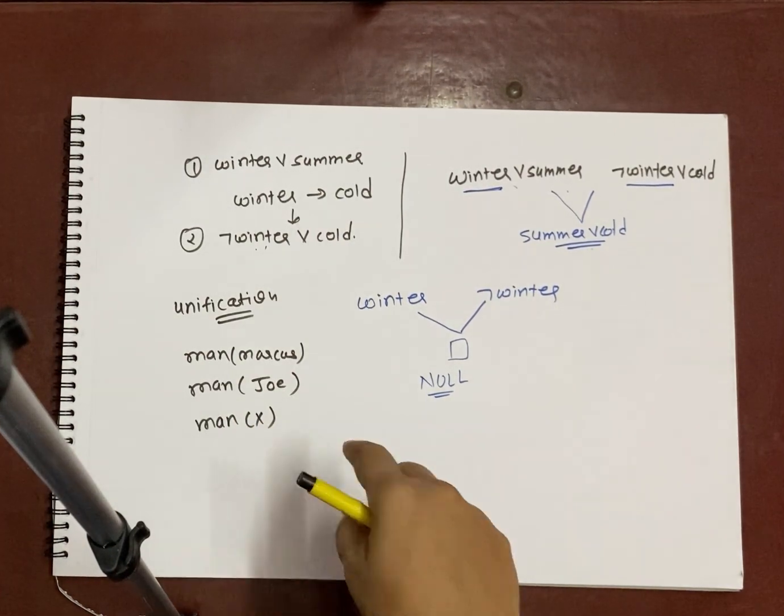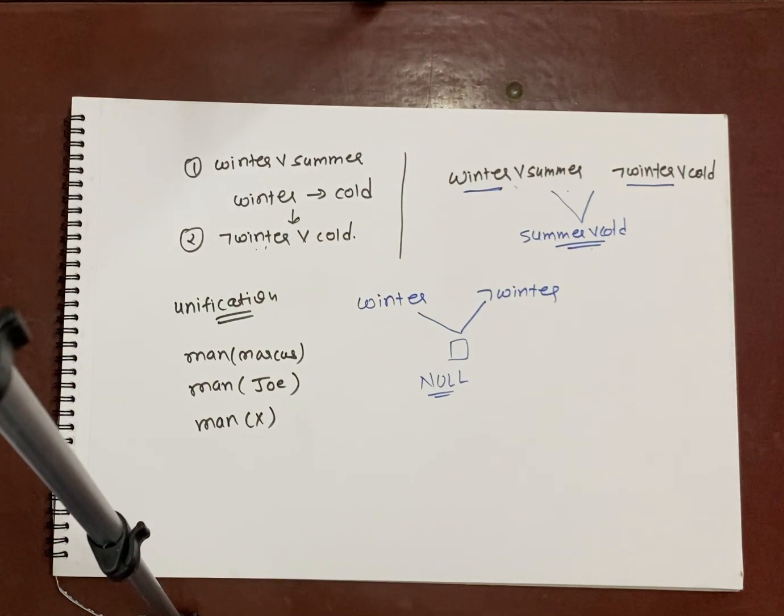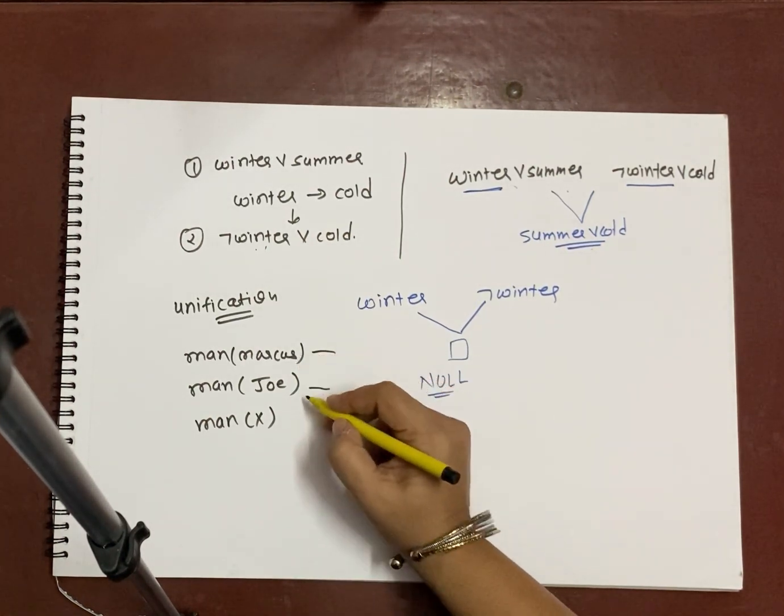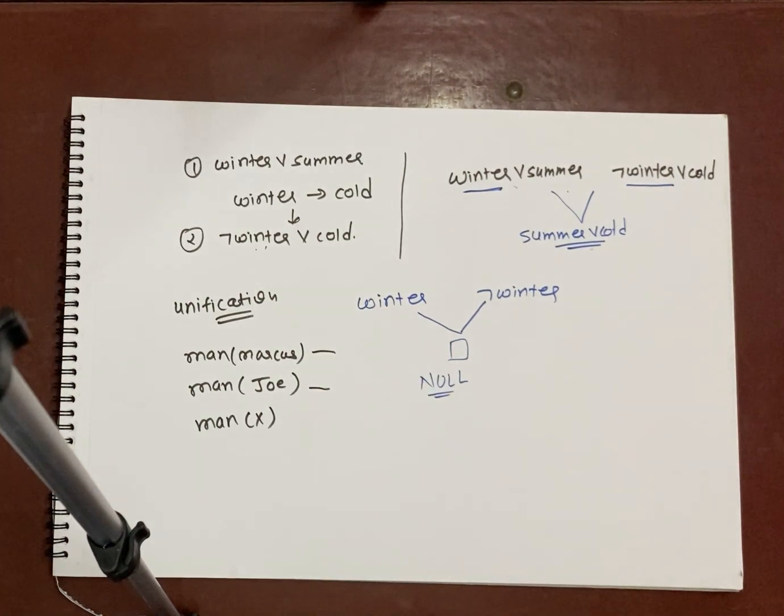Unification means two facts can be said to be equal. If I talk about man(Marcus) and man(Joe), is it possible that they point to the same information? Can they be unified, considered the same kind of information?